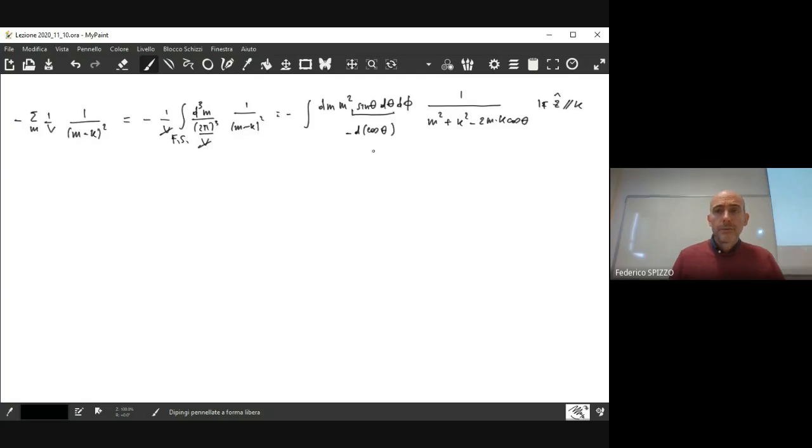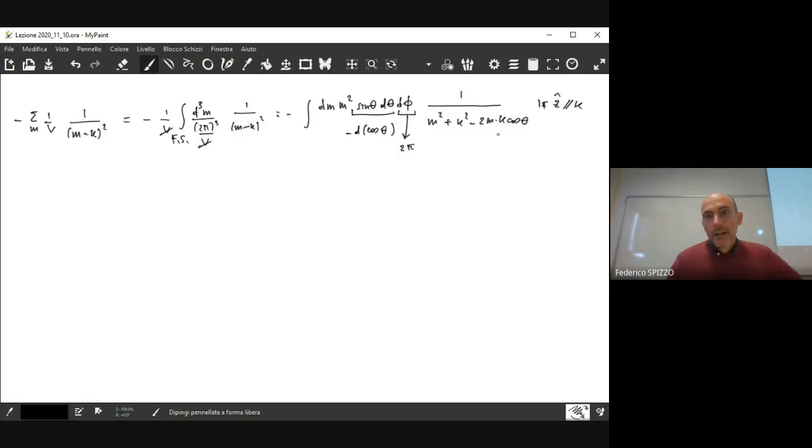So I change variable from theta to cos theta, and then the integral over the phi angle gives just 2 pi, because nothing depends on phi in this integral. And so due to those simplifications, it's possible to go on with the integral.